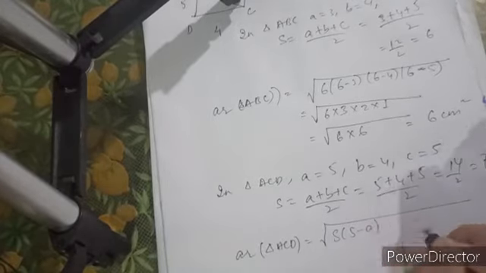So area of triangle ACD will be root over s, again (s minus a), (s minus b), (s minus c). That is root over 7 into (7 minus 5) into (7 minus 4) into (7 minus 5), root over 7 into 2 into 3 into 2.